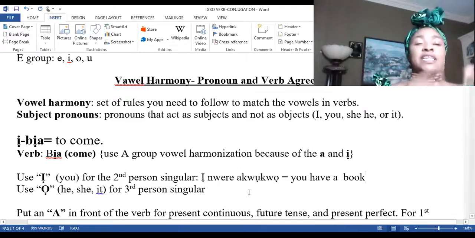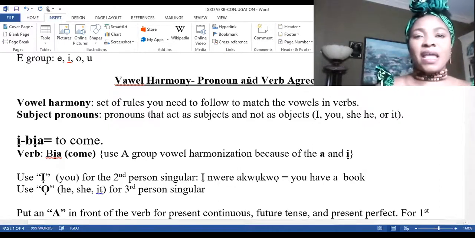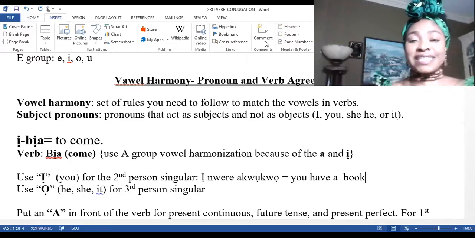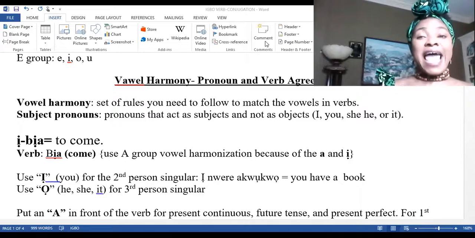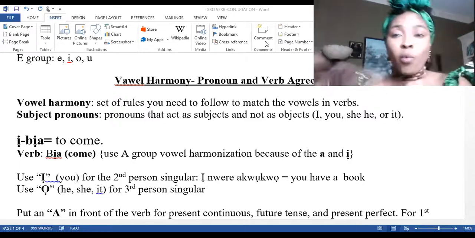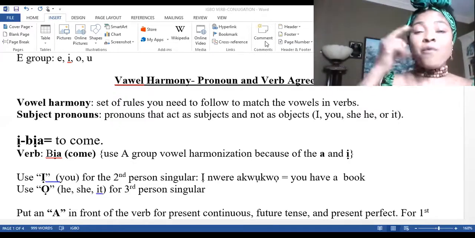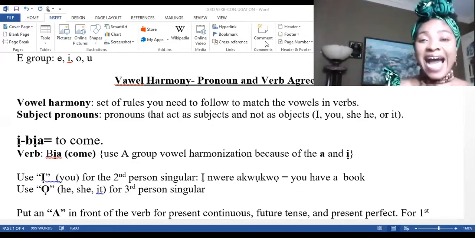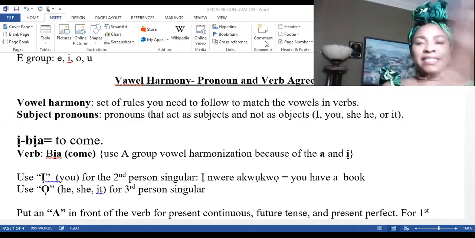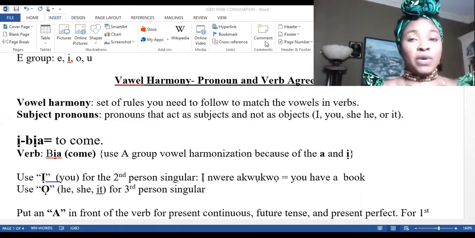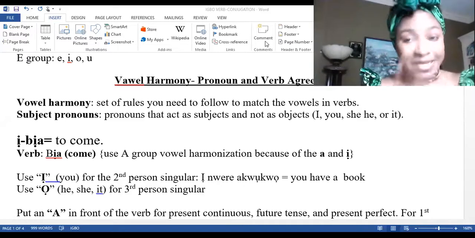Now, this is the second person. When you say first person, it is enwere m akwụkwọ. Enwere m akwụkwọ means I have a book. Now, when you say I have a book, you are the first person.